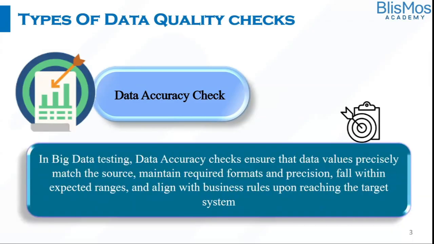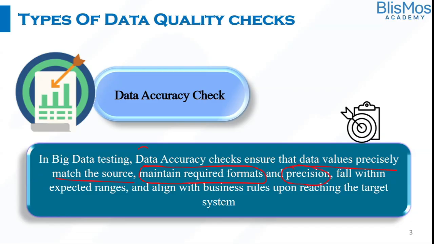As a part of big data testing, data accuracy ensures that the data values match the source, and it also ensures that the formats mentioned in a mapping document are the same, and whether the data is precise or not, like it has to be $20,000.